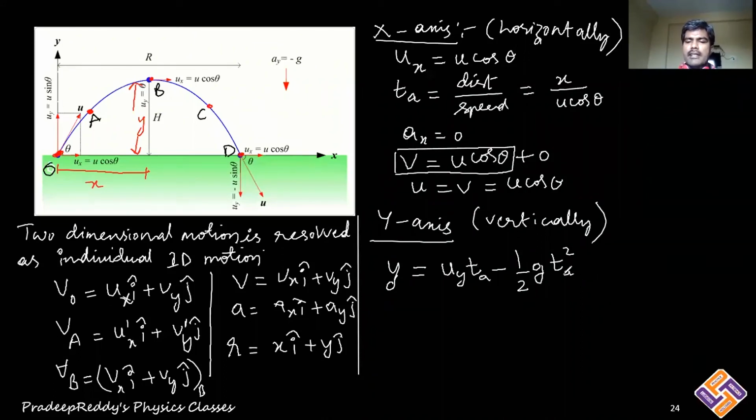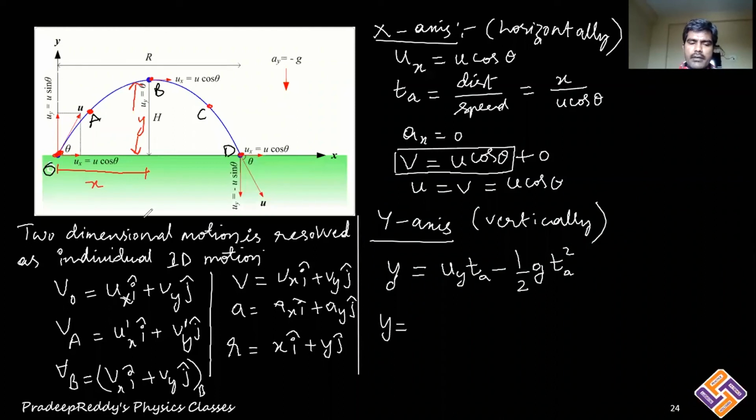As acceleration along the y direction is non-zero and pointed downward, I am taking g as negative. Upward motion I am considering positive, downward motion negative, and acceleration is downward, so I am taking it negative here.